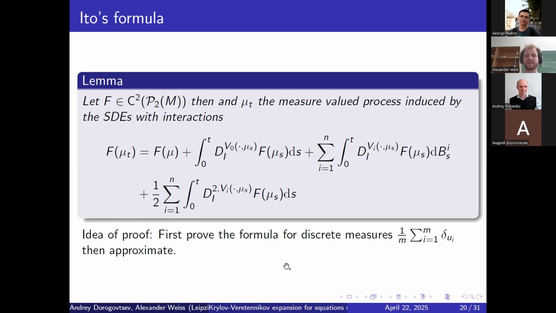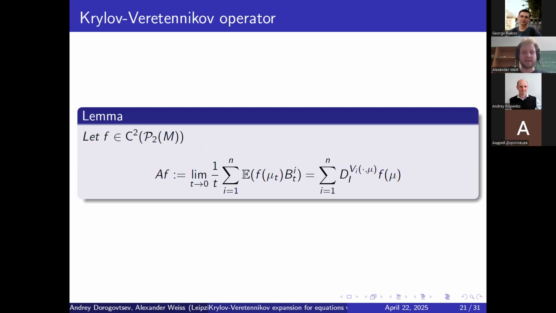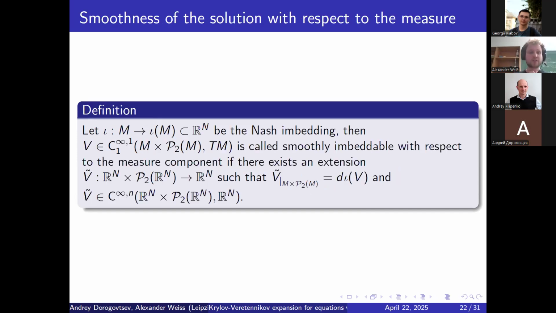The idea to prove this formula I have already mentioned: we prove it for discrete measures and then we approximate. With the help of this, we can then compute the operator we were looking for. This is just an easy computation that follows immediately from the Ito formula, so I'm not going to emphasize it anymore.